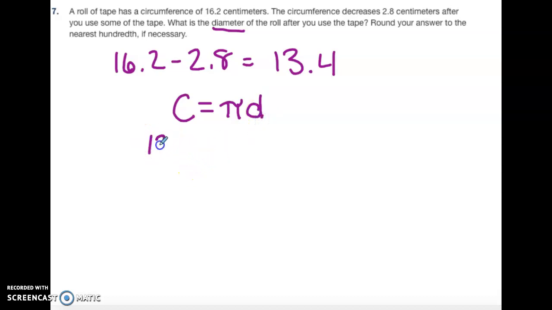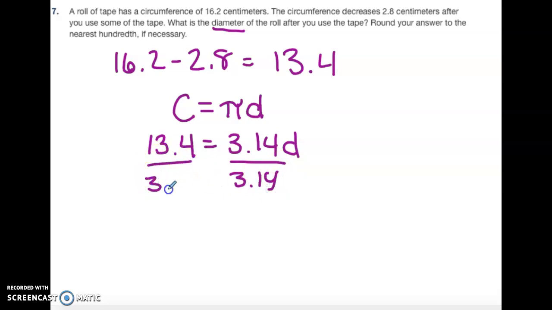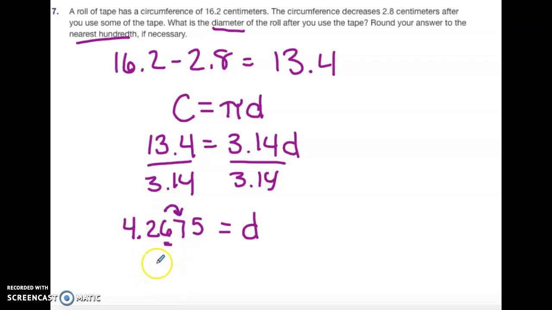So the circumference is given, 13.4 equals 3.14 times the diameter. To get d by itself, we're going to divide by 3.14 on both sides. We get the diameter is 4.2675, but it told us to round to the nearest hundredth. Hundredth is the second decimal place. Let's look to the right. It's a 7, so we have to round up to 4.27 centimeters.